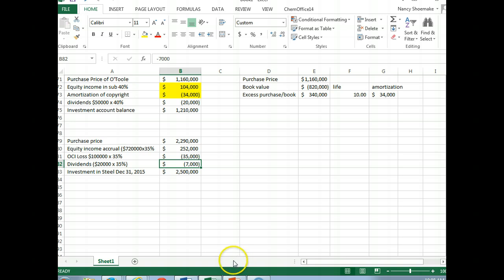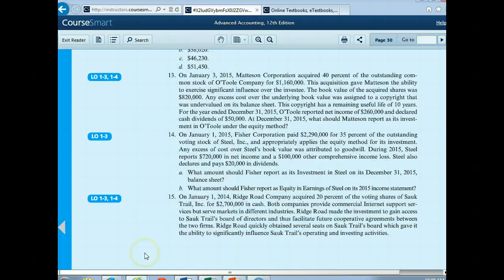Now it asks us, what is our equity income of Steel? What we're asking is just what are we truly showing in income on the books? We're not going to deal with anything to do with that OCI. The balance in our investment account is what we just did.